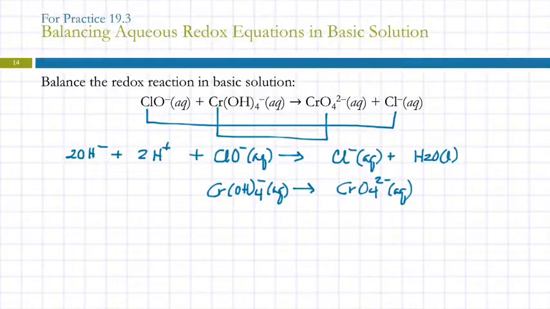They make 2. Thank you. So I've got two OHs over here. It's details. It's just tons of details, right? So these guys make 2 water molecules. So I'm going to write those.